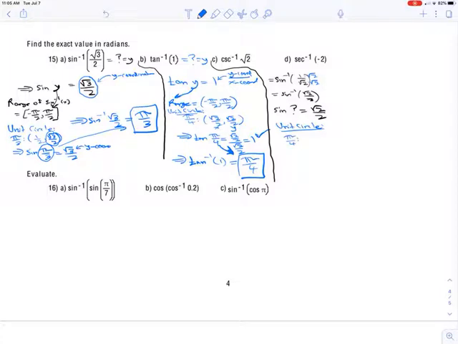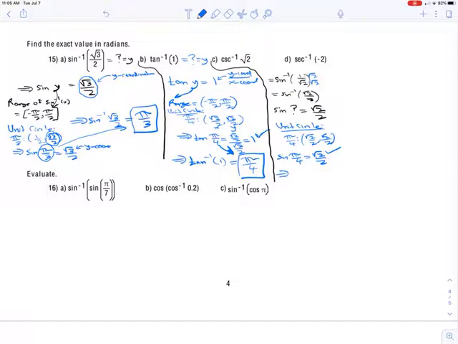Well, pi over 4, we have that ordered pair of square root of 2 over 2, square root of 2 over 2. So sine of pi over 4 is equal to square root of 2 over 2, the y coordinate, which is what we're looking for.